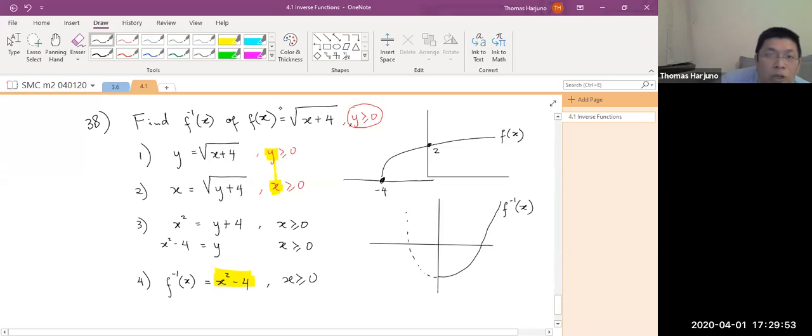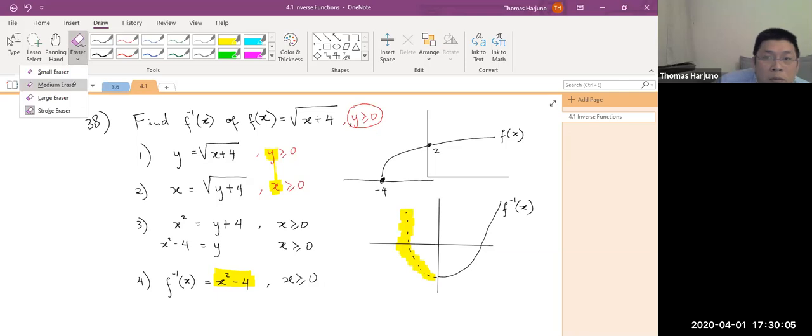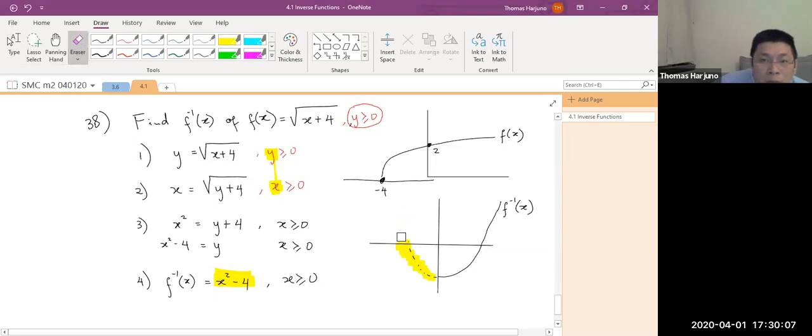But no, we need to get rid of this part here. It's not right. We have to get rid of this. Now, I don't want to use that color. Sorry. If I don't do that restriction, then we will end up with a full x squared function.